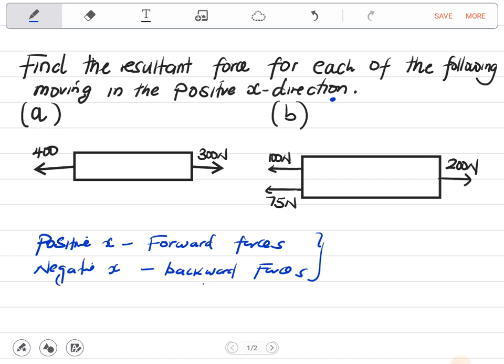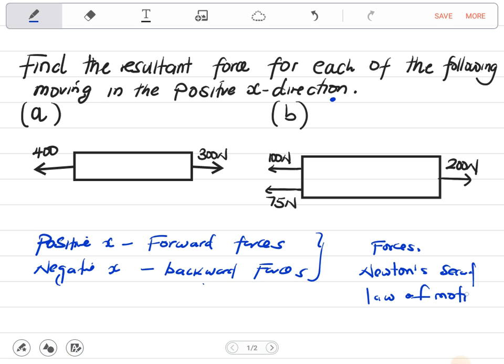So where is this question coming from? Which topic is it coming from? Forces. Okay, very forces. And I'm talking about Newton's second law of motion. Second law of what?